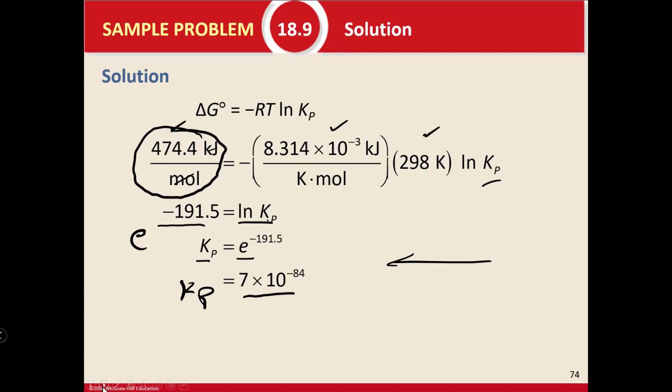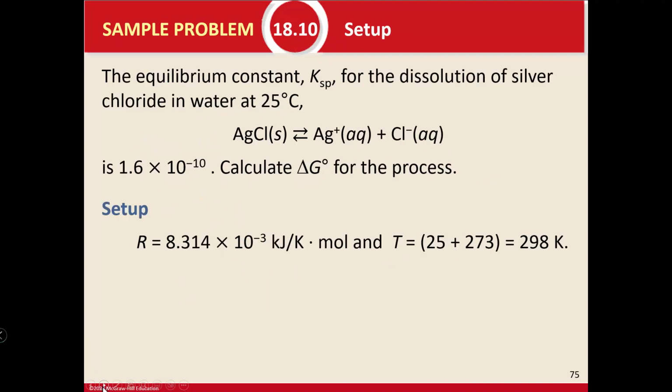All right, let's look at another problem. So this is tied to solubility products. What we tried to learn in the previous chapter is if I add sodium nitrate to sodium chloride solution, will the silver chloride precipitate out? So we looked at this.